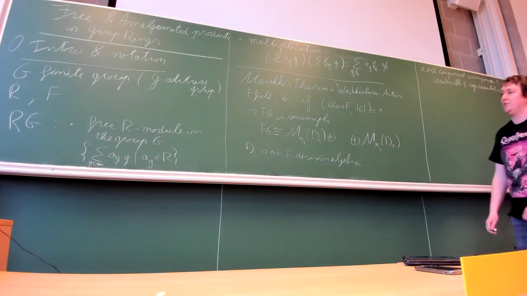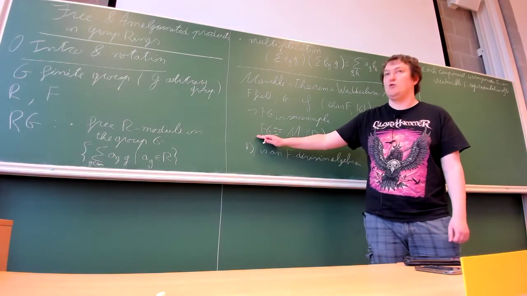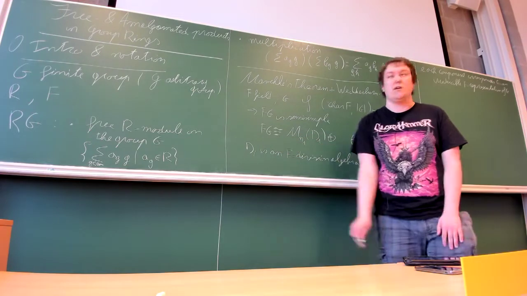This is an equivalent definition. So really such a group ring, which is also called a group algebra because it has an algebra structure because it's working over a field.